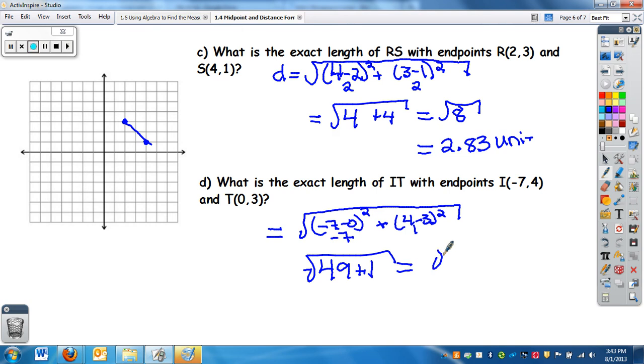That gives me the square root of 50, which is going to be 7 point something. Type it in. 7.07 units. That's your final answer.